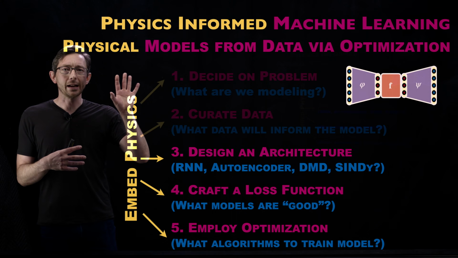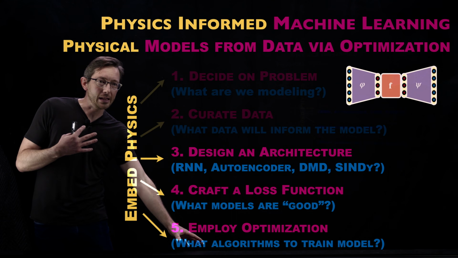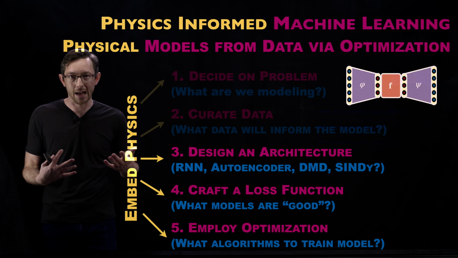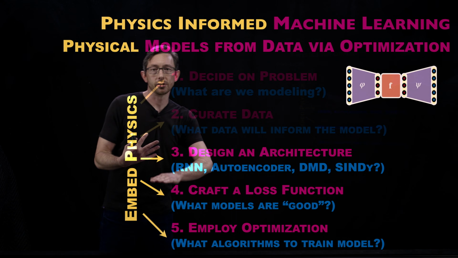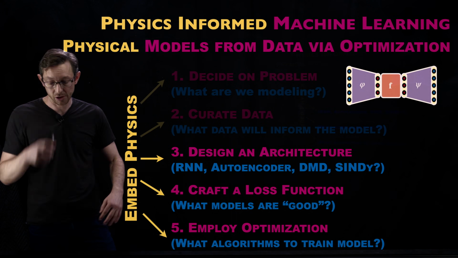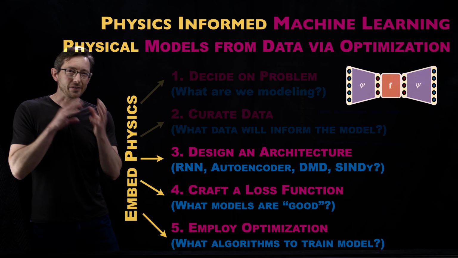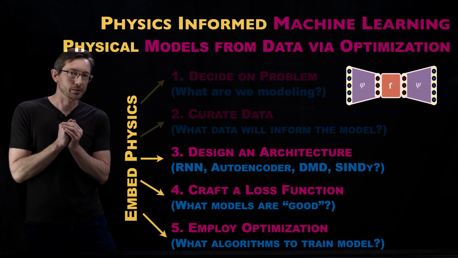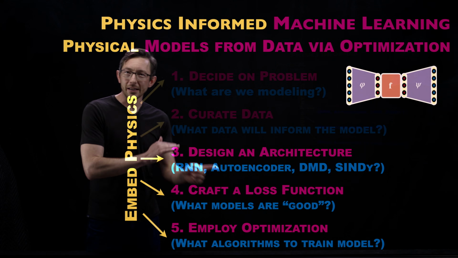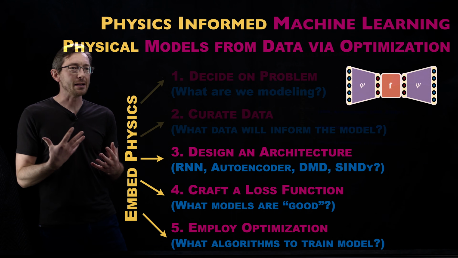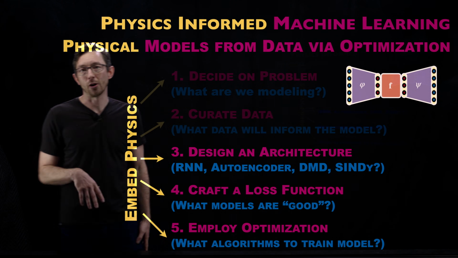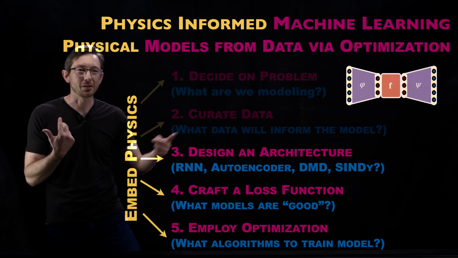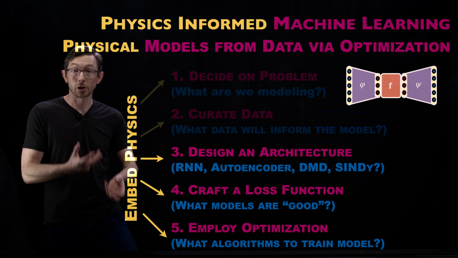Okay, so again, I mentioned that the bottom three tasks are where we often embed physics in practice. So through choice of the architecture, choice of the loss function, and choice of the optimization algorithm. And I've said this throughout all of these little zoom-in videos, but the lines really do get blurry here. So for example, most of the time that I have a custom architecture that I think is going to be more physical in some way, that custom architecture needs a custom loss function to train it.